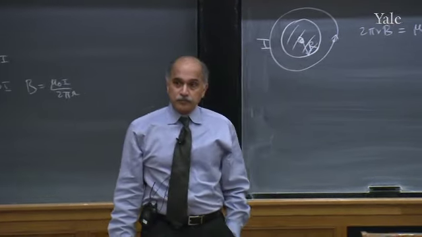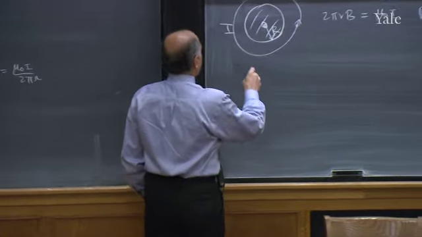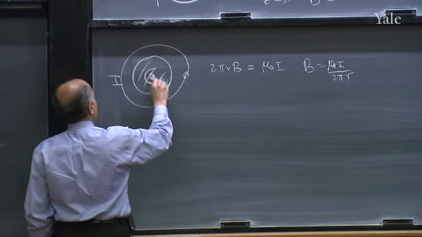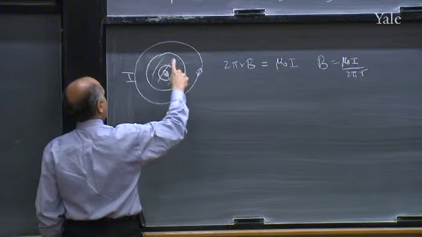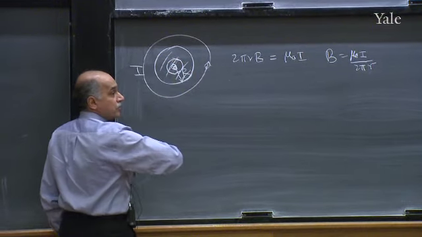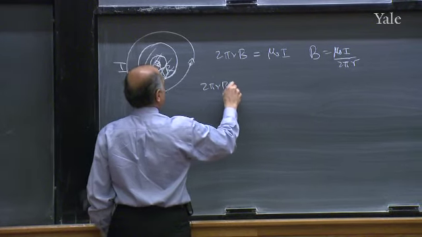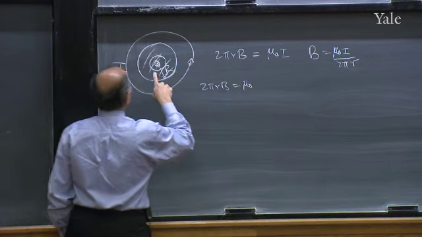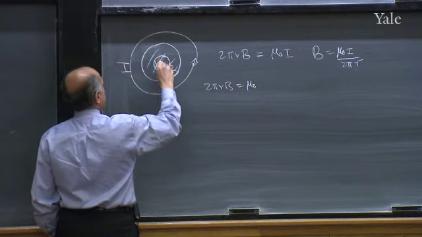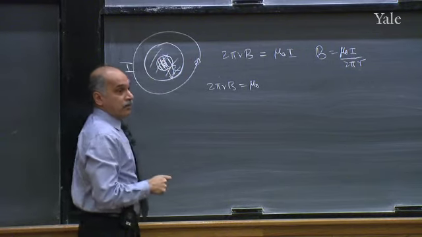But you will see the difference now if you go inside this and ask, what's the magnetic field on a circle lying inside this? Then again you can say 2 pi r times B is equal to mu 0 times the current that's enclosed by that loop, not the entire current.